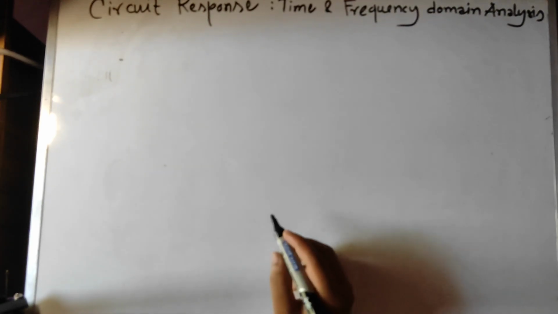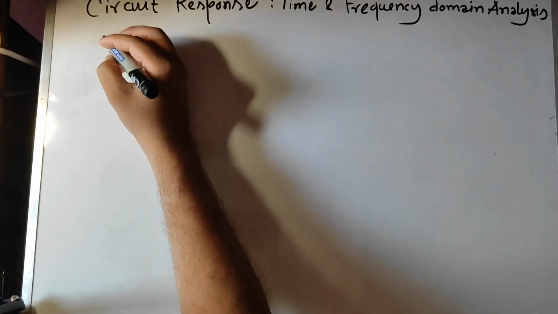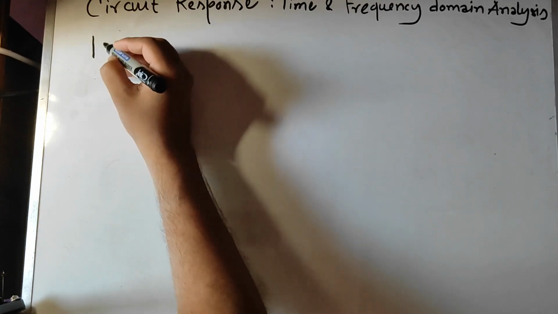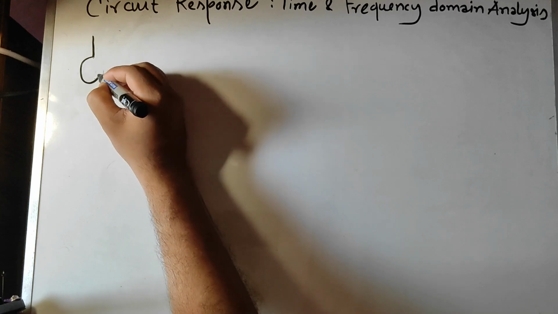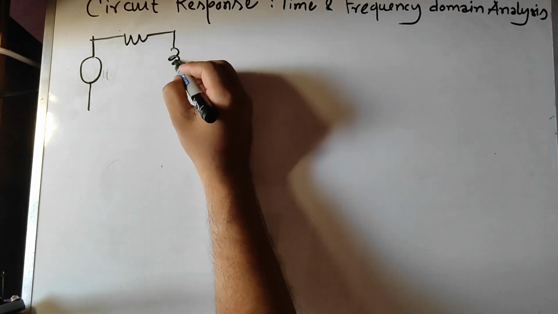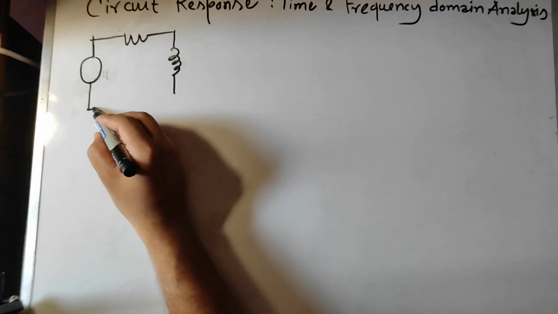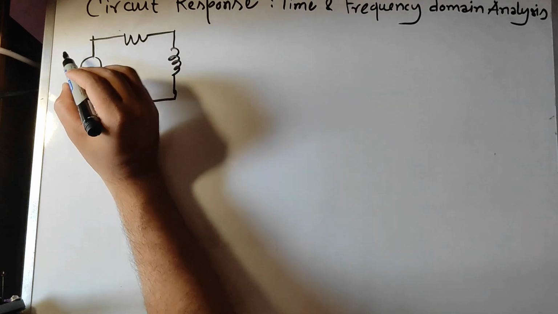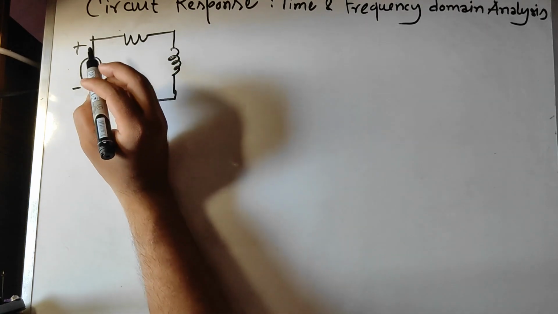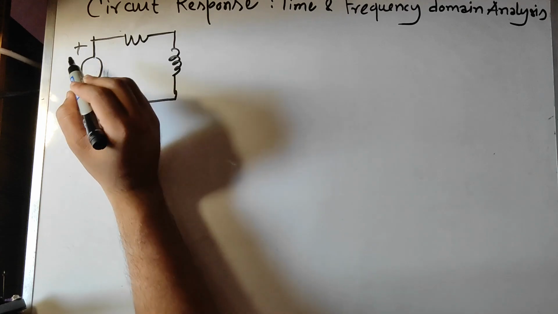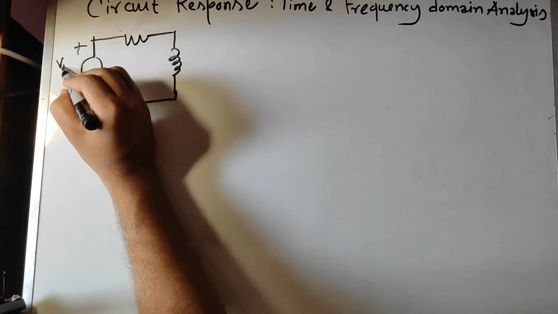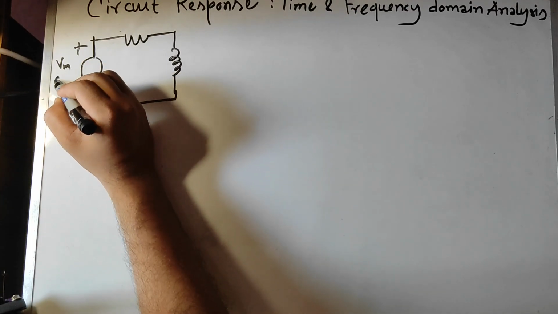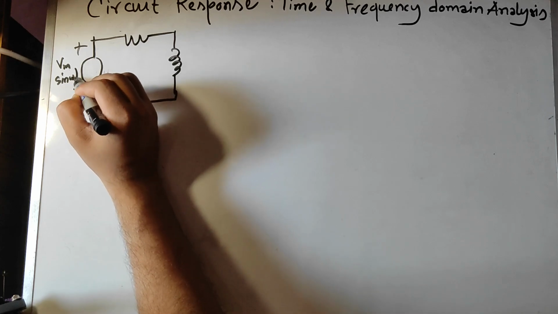So let me first draw the circuit. This is a series RL circuit, and the input is Vm sine omega t.